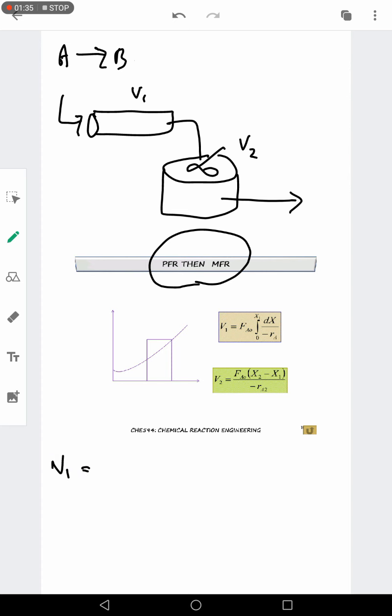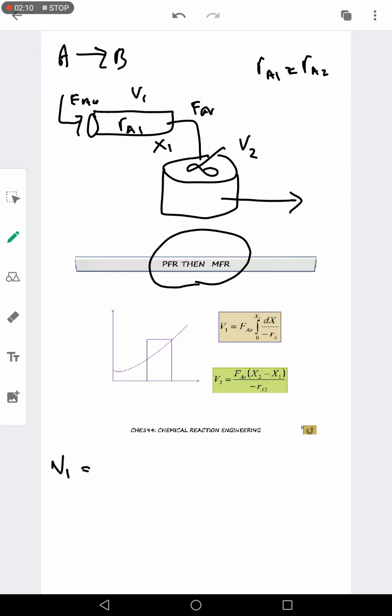So kalau untuk V1 ni, yang masuk adalah FA0, yang keluar adalah FA1, in which dia adalah X1, and what happened here is also RA1. And again, since they are having the same chemical reaction, we can assume that RA1 is equal to RA2.